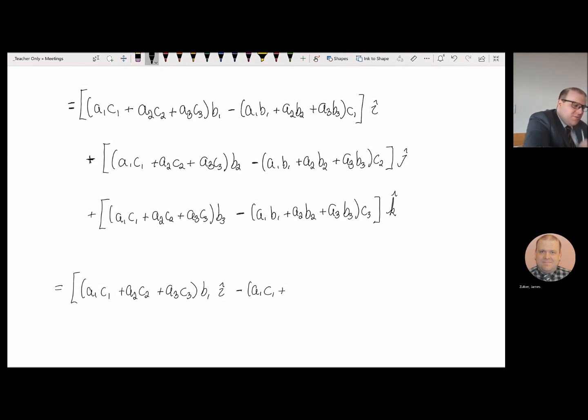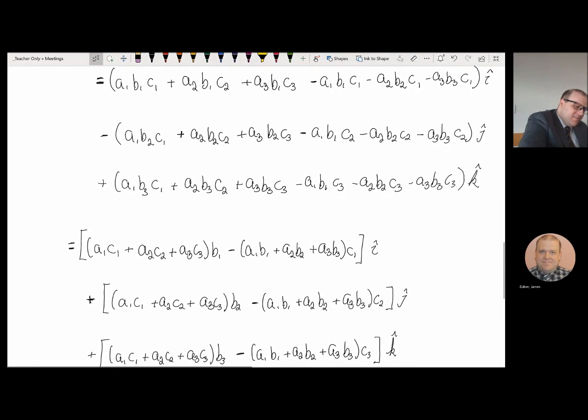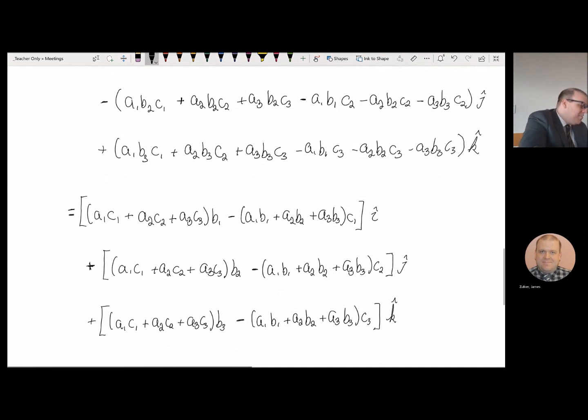That should have been a plus because I distributed the negative through in the J. Yeah, A1, C1 should have been... No, okay, so I have to flip these around. No, but that's still going to leave me with the minus though.